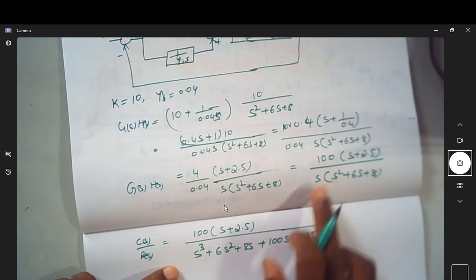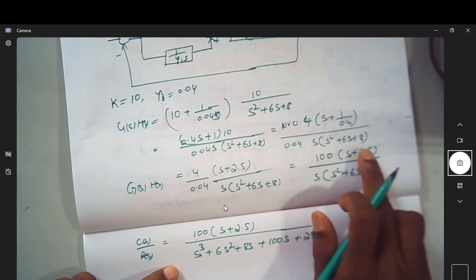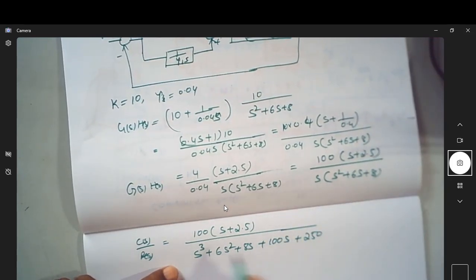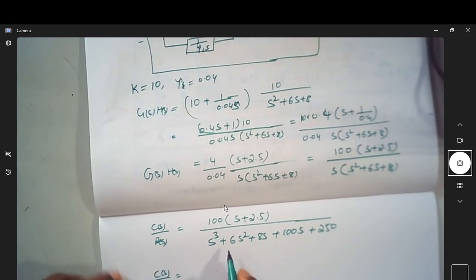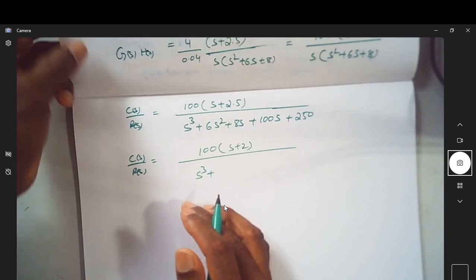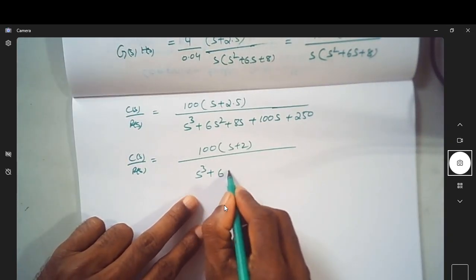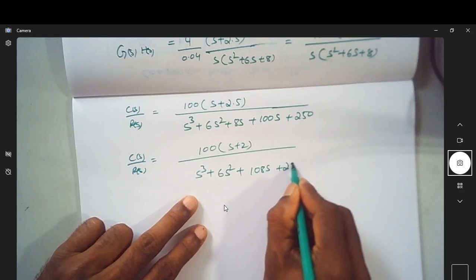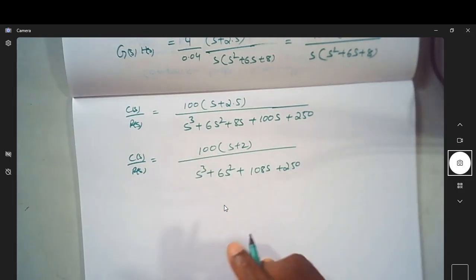Now I'm just multiplying this 100s, and 100 into 2.5 is 250, which is added to this term. So this ultimately becomes c of s by r of s equals 100 into s plus 2.5 divided by s cube plus 6s square plus 108s plus 250. So this is my characteristic equation.